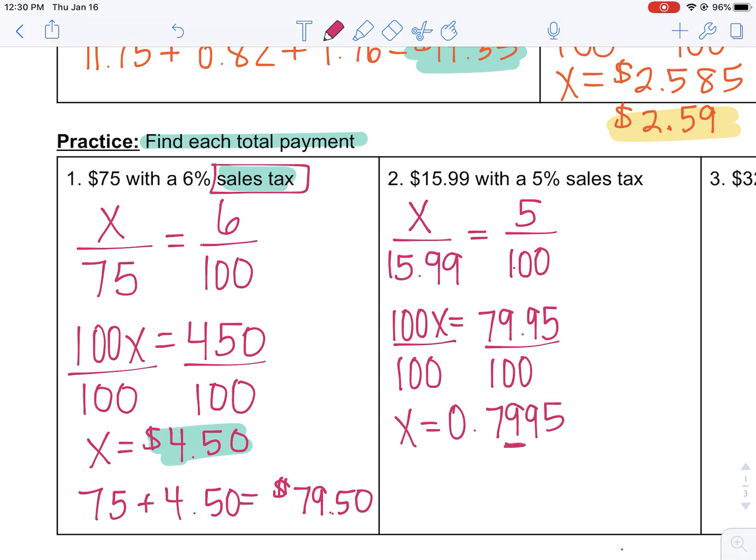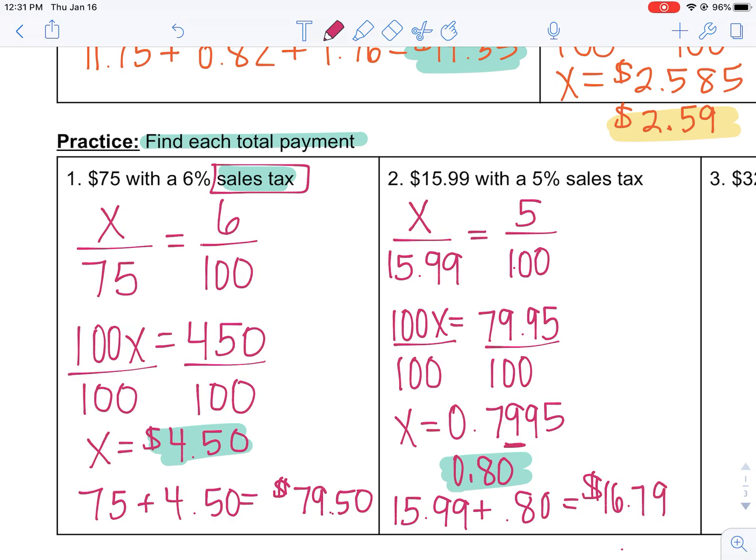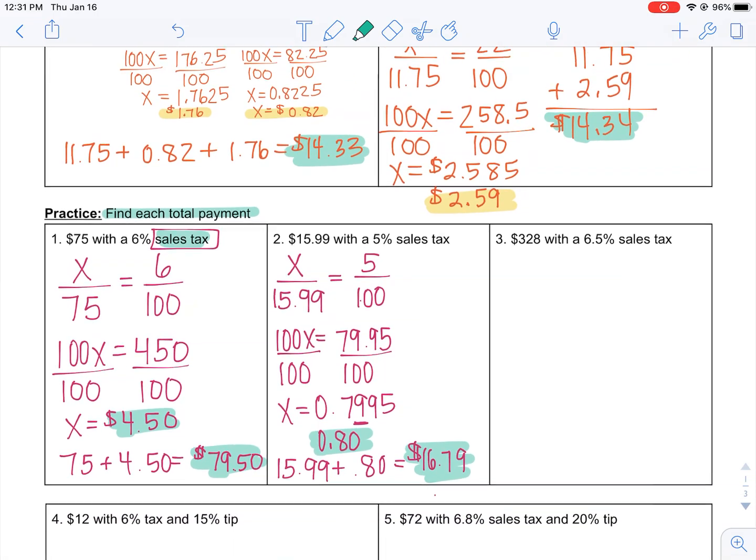So now when you're rounding, that 9 is going to send that up to a total of 80 cents. So I have my sales tax. Now I need to find my total bill. So $15.99 plus 0.80 gives me $16.79. And yes, you do need that dollar sign on each of your totals.